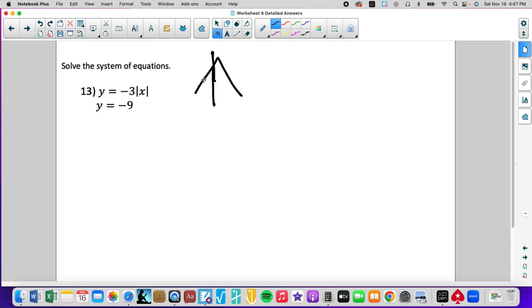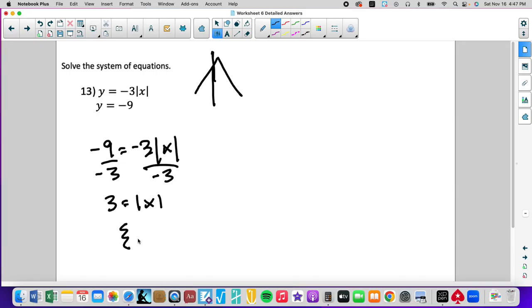So we may have only one solution. We'll plug y equals 9 into the other equation. So we get 9 equals negative 3 times the absolute value. Let's divide by negative 3, and we get 3 equals the absolute value of x. And we get negative 3 and positive 3 for my x values.